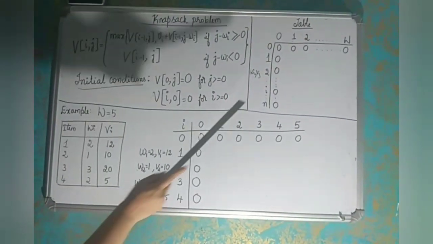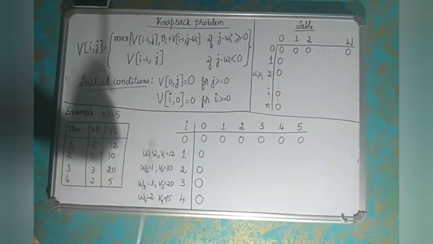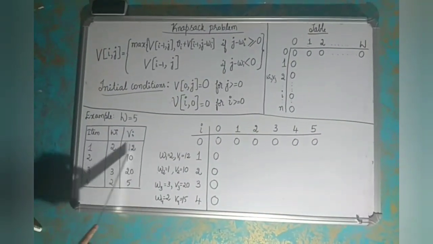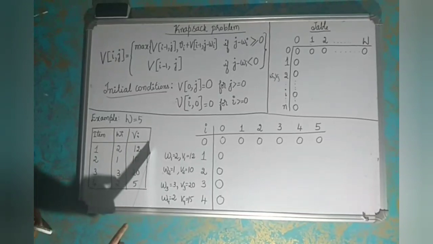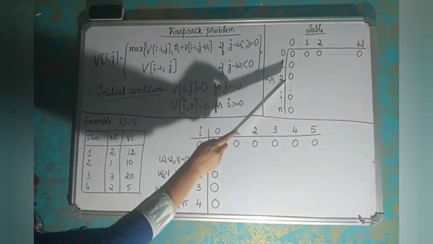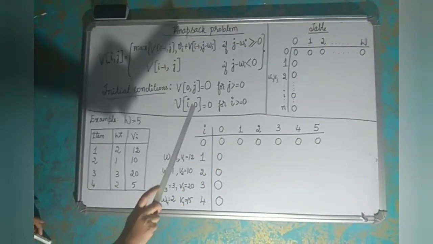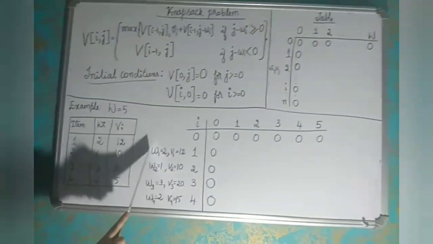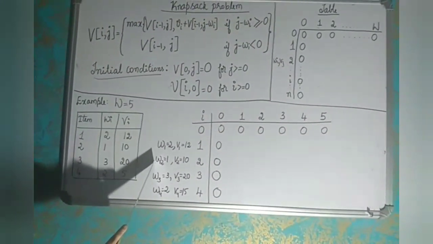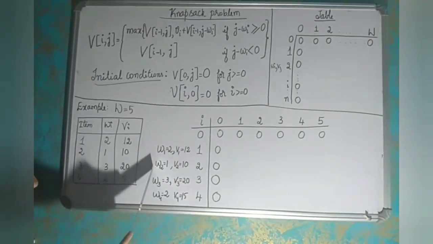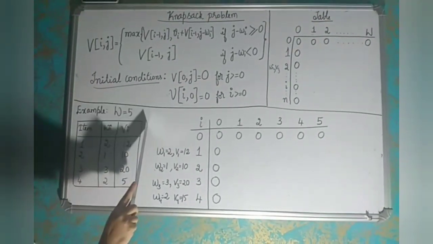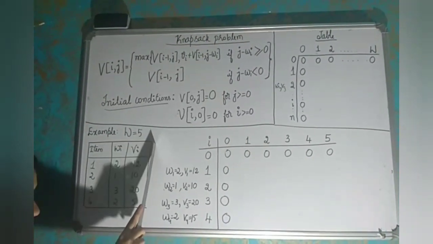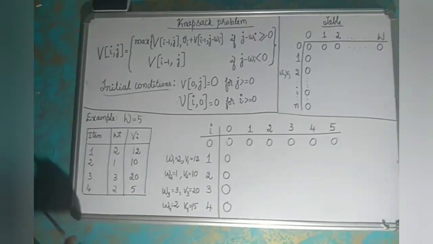When you take I equal to 1, that means there is one item. So we are considering the first item. And if you go to 2, 2 means we are considering first and second item. So that means we have 2 items and we have got a knapsack capacity, that is, a knapsack bag. We have to find the solution.